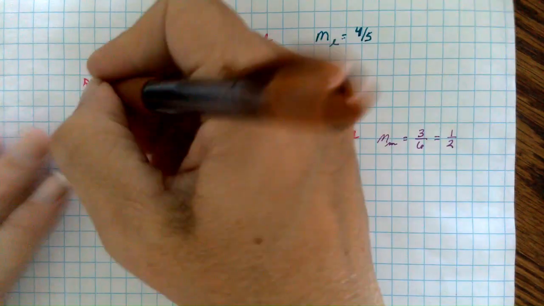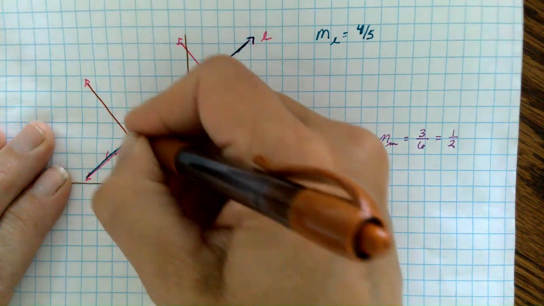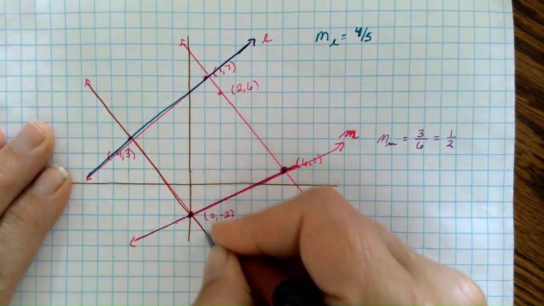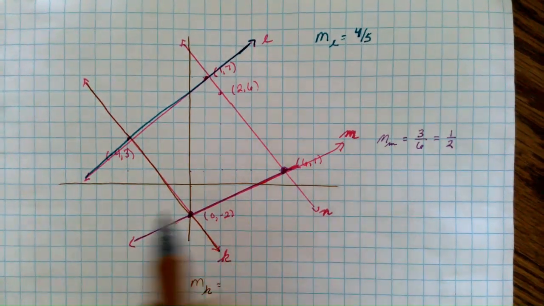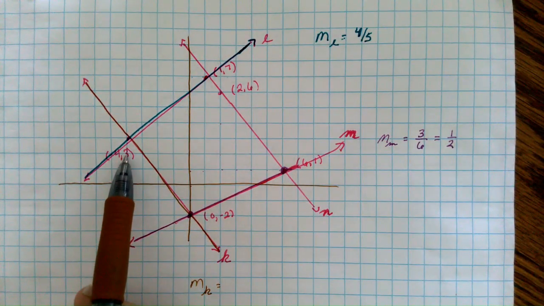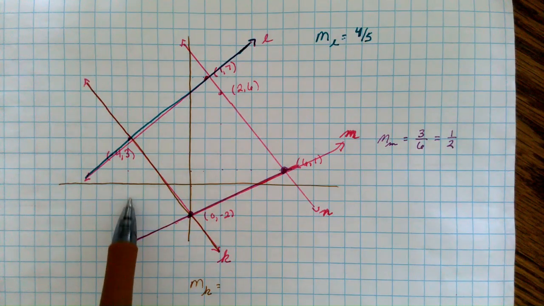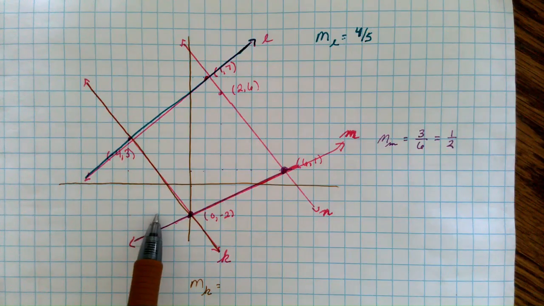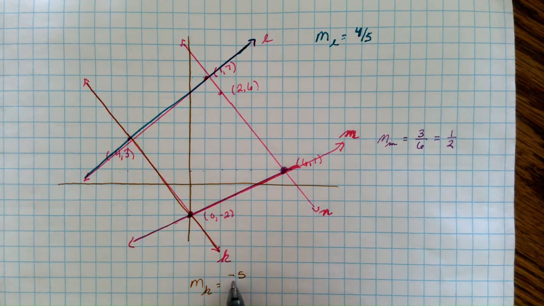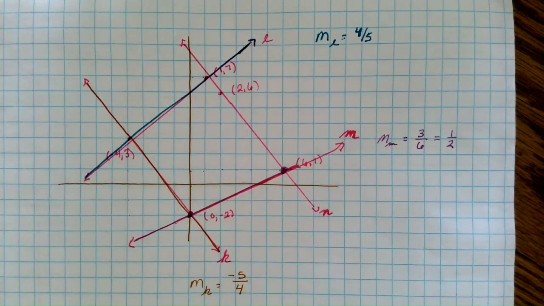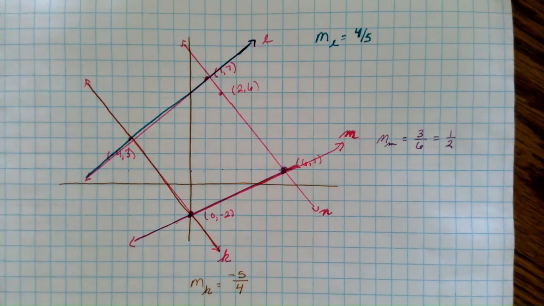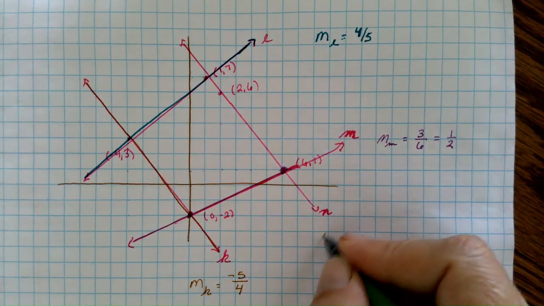And now we're going to do the slope of line K. It looks like we go down 1, 2, 3, 4, 5 over 1, 2, 3, 4. Anytime they're on grid paper already, I just like to go ahead and count. But if you want to use the formula, by all means, go for it. And we still need to do the slope of line N.